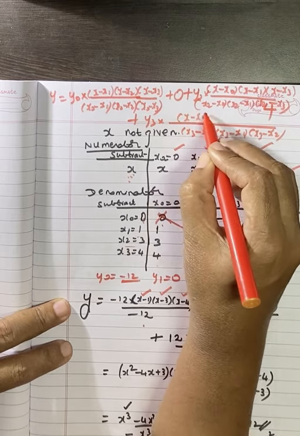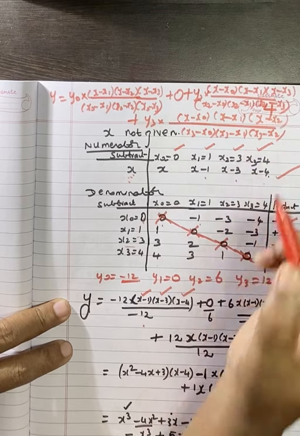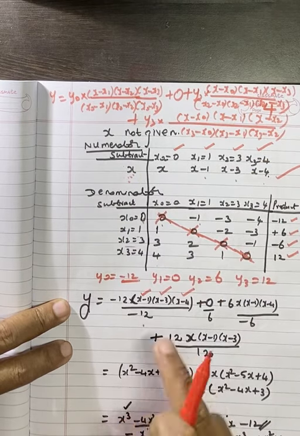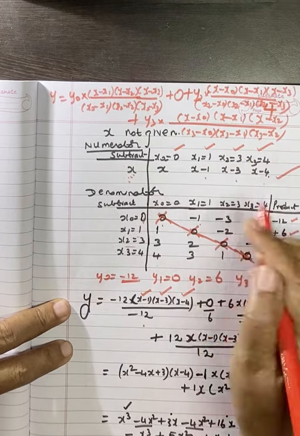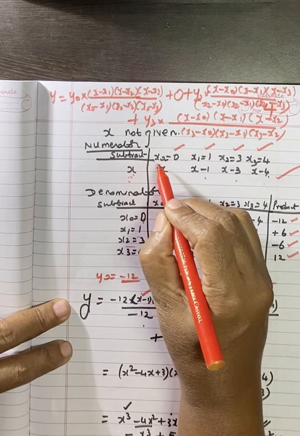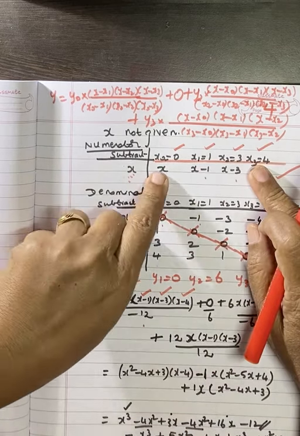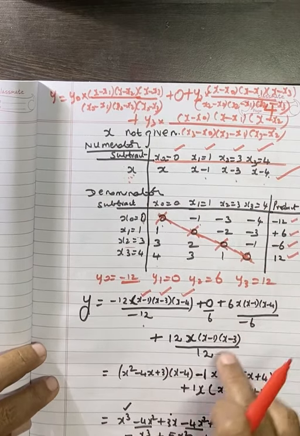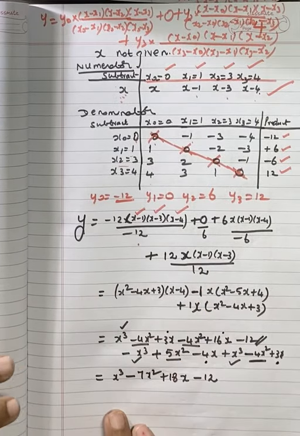Numerator is x minus x0, x minus x1, x minus x2. Now we'll check. y3 is 12. I have to leave the last term in the numerator. x minus 1, x minus 3, I must take, divided by 12. The only thing left is to solve by multiplying.